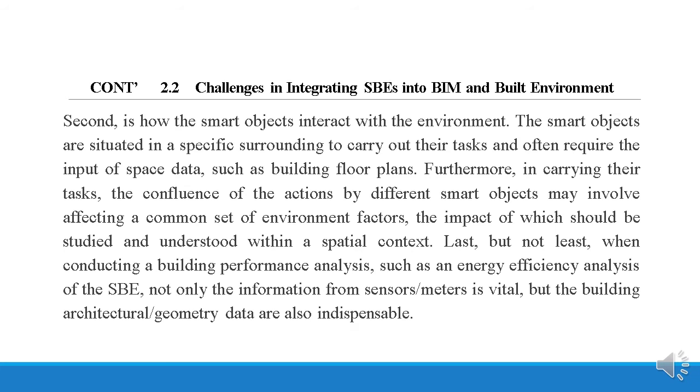Last but not least, when conducting a building performance analysis, such as an energy efficiency analysis of the SBE, not only is the information from sensors or meters vital, but the building architecture or geometry data are also indispensable.